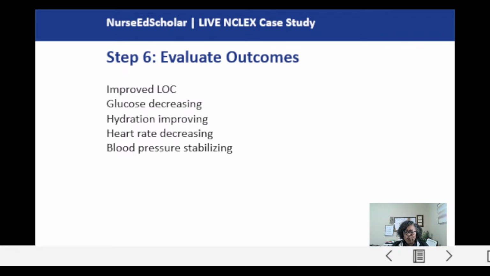And one thing I just said, you really don't want to drop that person's glucose quickly, because you'll put that patient at risk for cerebral edema. Remember that fluid shift.